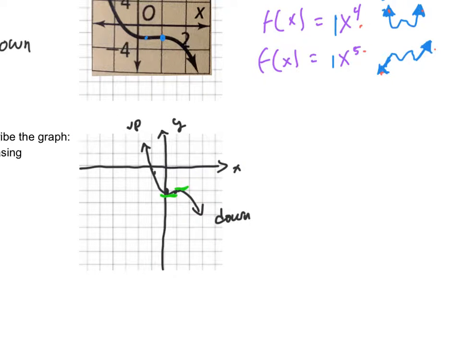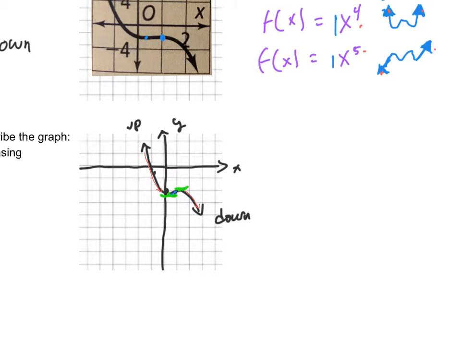Okay, and looking at increasing and decreasing, which we haven't necessarily talked about, but it's something that we've discussed in algebra, when I'm talking about increasing, I'm looking at whether my graph is rising. So I'm increasing here because the slope of my function is positive, and I'm decreasing here because the slope of my function is negative. So I know that I have these values right here and here, where I'm not increasing or decreasing.